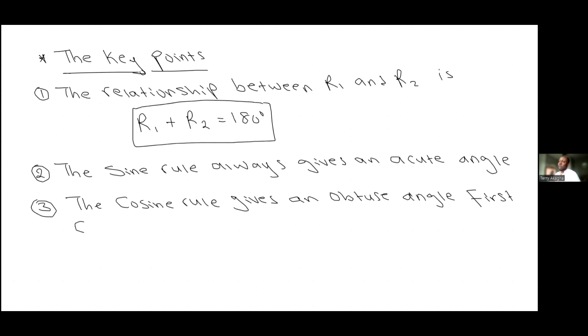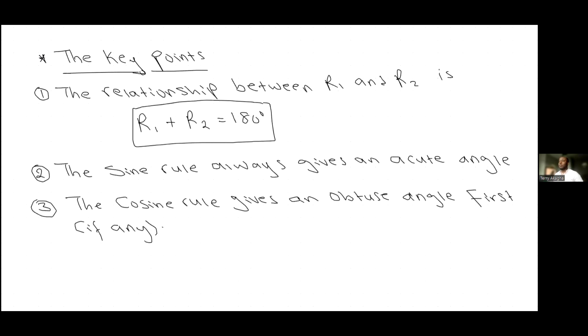That was the reason why in the previous video, I always say if a triangle has an obtuse angle and you have a choice to use cosine rule or sine rule, I prefer you use the cosine rule so that you will see right from the get-go that there is an obtuse angle here. Is that making sense? It's very important for you to take note of that.